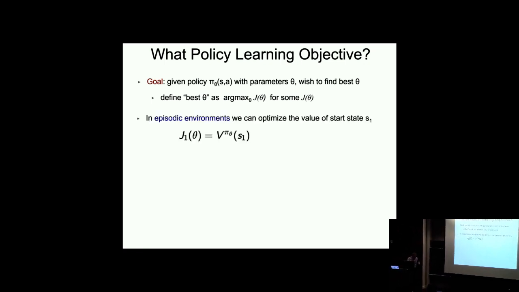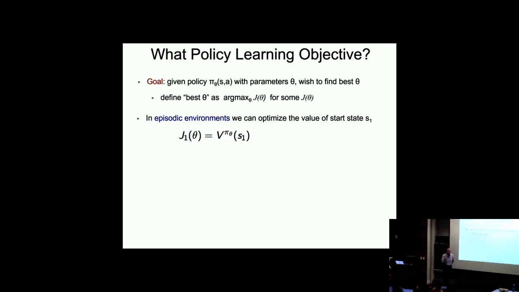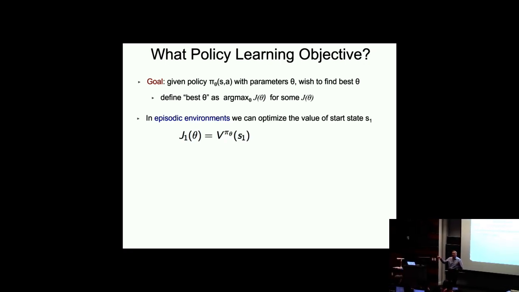And it turns out, if you think it through, in episodic environments, that means environments where we have an absorbing goal state that ends the episode, and to make it as simple as possible, if you always begin in the same start state, S1, then optimizing this quantity, defining theta so that we have a policy pi theta where the value of that initial state is as high as possible, is what we want to do.